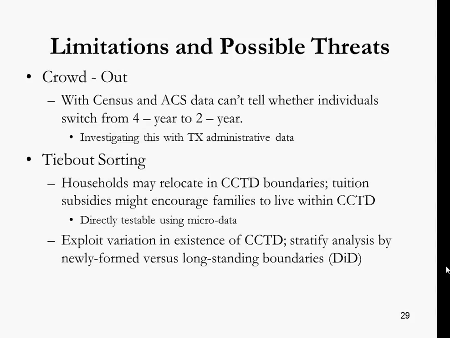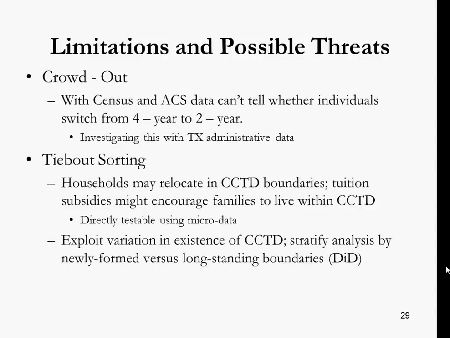Now, we can't get at this in our data because we don't know what type of college you went to. In our other data, the administrative data, we're going to look at this more precisely. We can see whether people are switching from 4-year to 2-year, i.e., is a cheaper price for a 2-year causing some people who would have gone to 4-year to now go to 2-year instead, which may be a problem.